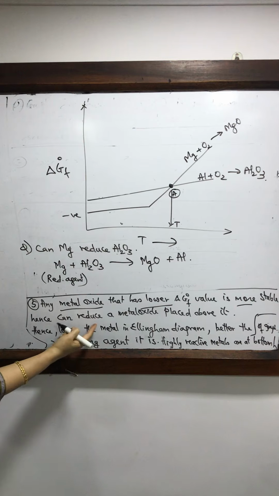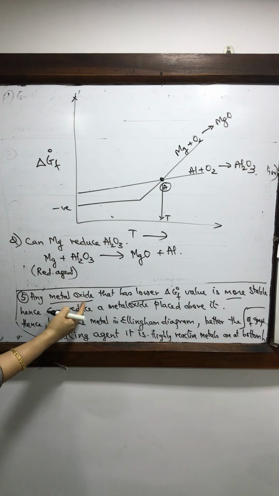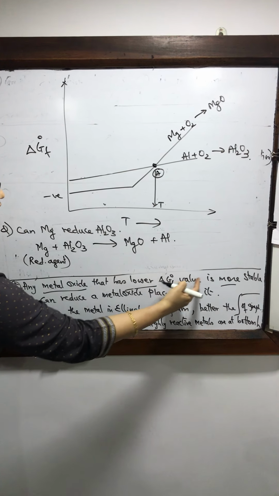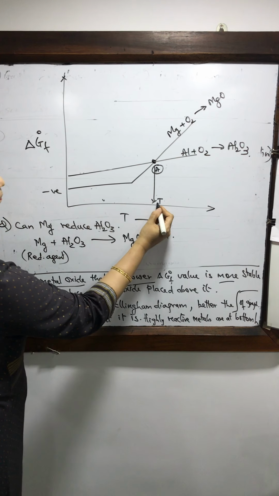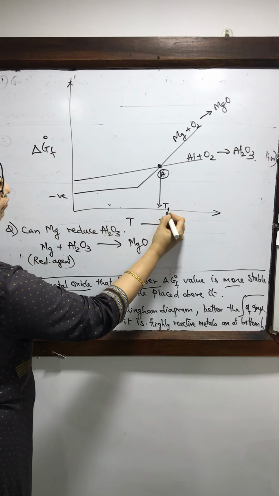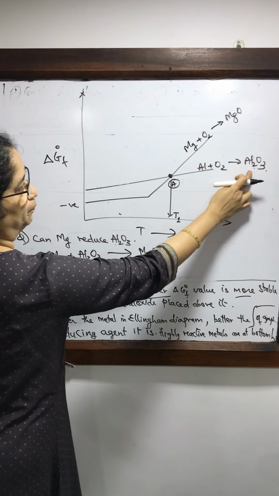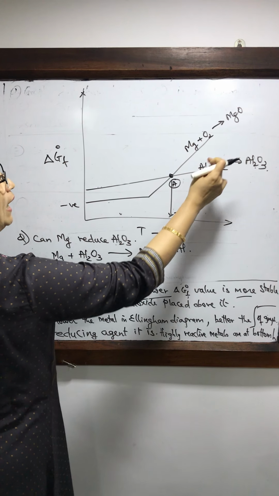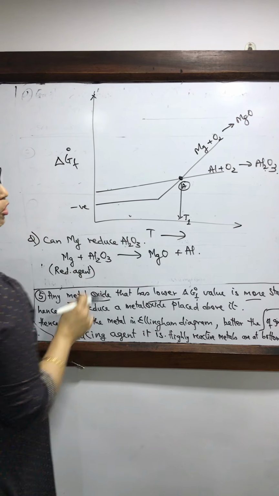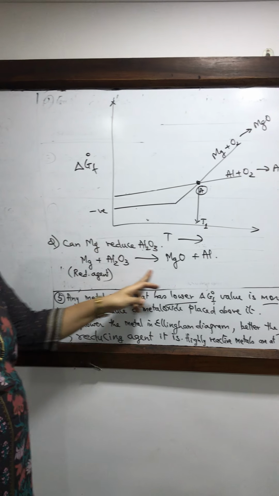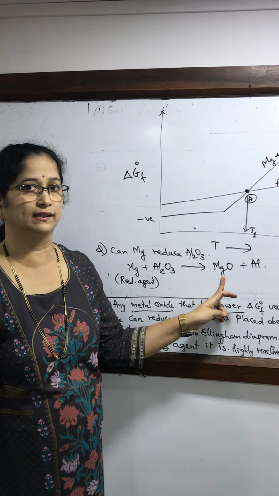If I apply the fifth point, it says that the metal oxide that has a lower delta G naught value is more stable. So above this temperature T1, aluminium oxide is more stable, and therefore aluminium will reduce magnesium oxide, and the earlier reaction will be non-spontaneous.